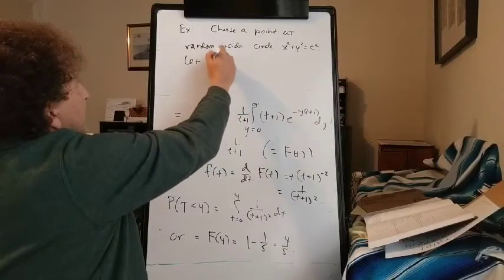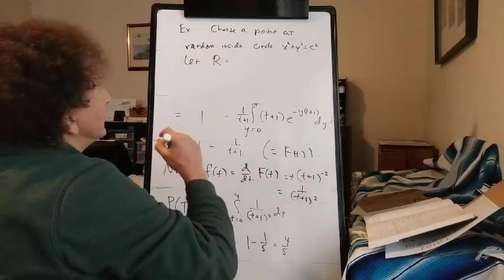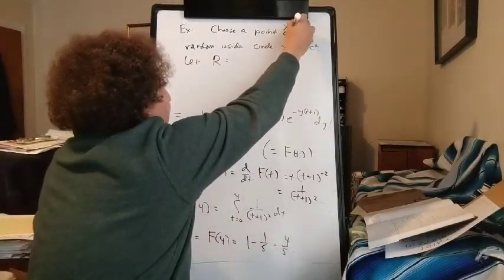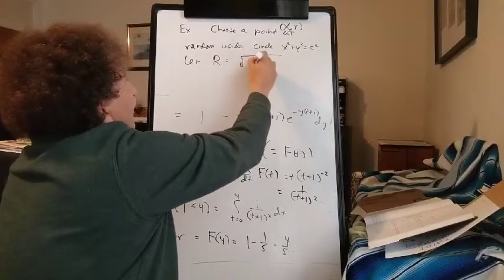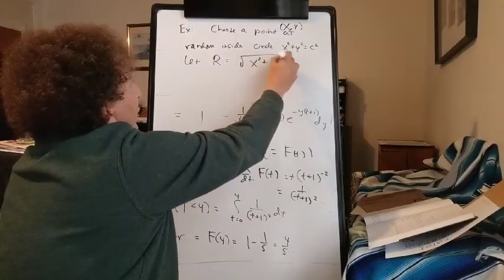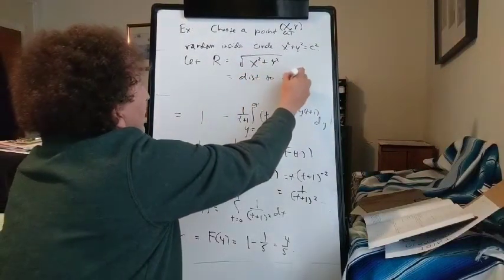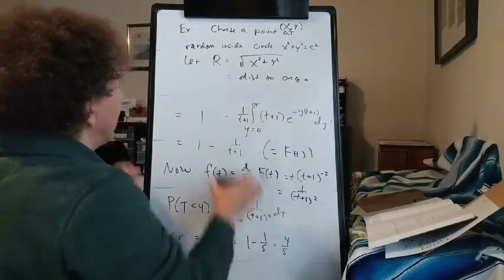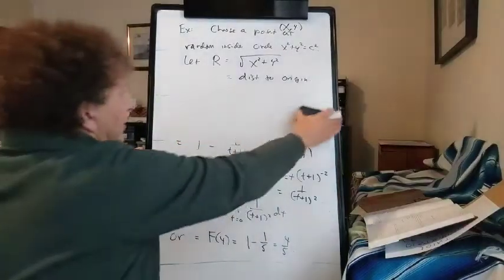And let's let r be the random variable. So let's say this point at random is capital X, capital Y. And let's let r be the distance from that point to the origin. Let's find the expected value of r.